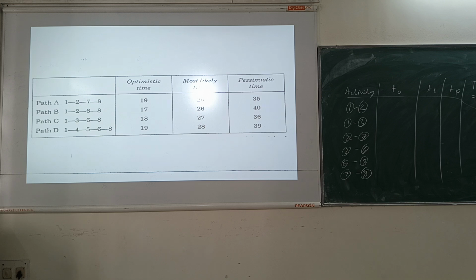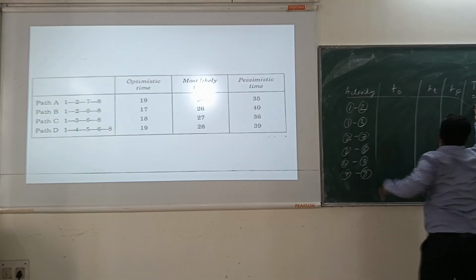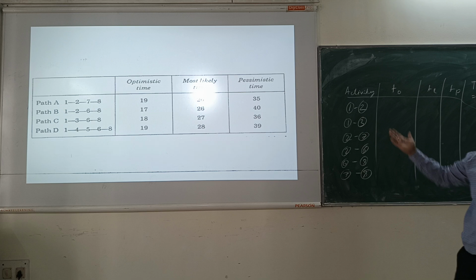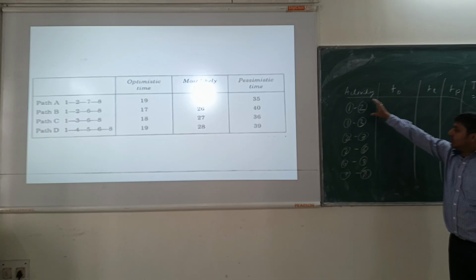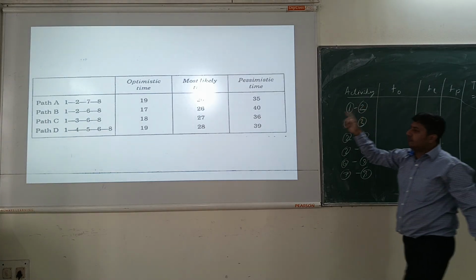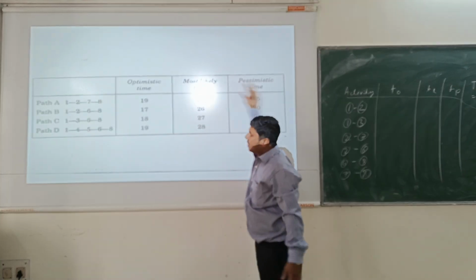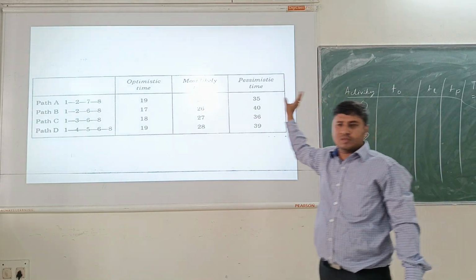You can do it this way, or otherwise, as I said here, for every activity you can find the expression and then just add up. You can do it both ways. Either take individual activities following the path and add up these values, or for every activity take the individual optimistic, most likely and pessimistic times and find the most expected time.